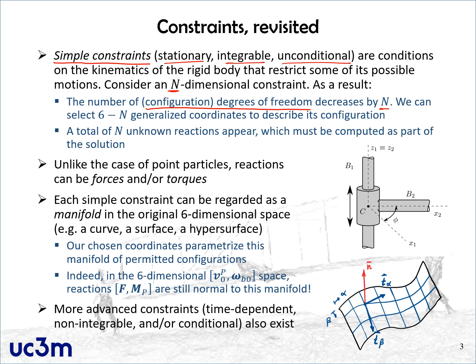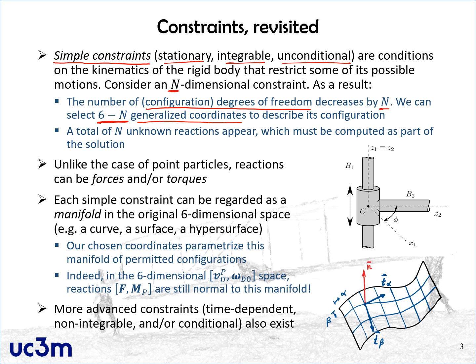So if we start with a free rigid body in space, that is a total of 6 degrees of freedom, when we consider an n-dimensional constraint, the remaining configuration degrees of freedom is 6 minus n. And therefore, we will need to look for 6 minus n generalized coordinates to describe its configuration.